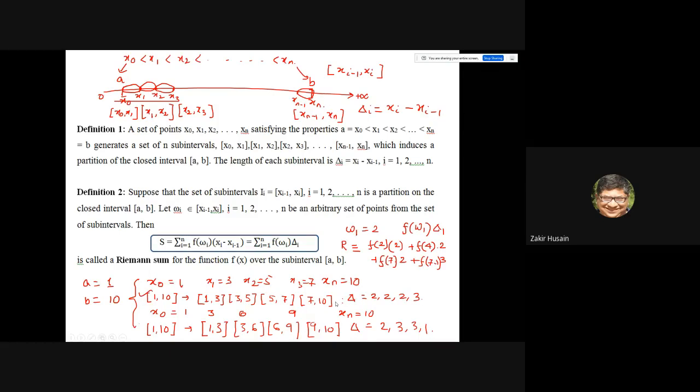Okay, the function is 2x and the omegas are 2, 4, 7. Let's make it round. It will be easier. 7 and 8. No, sorry, 8 will not do. Let's make it 10.